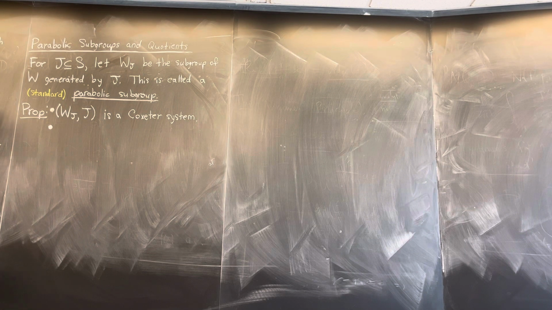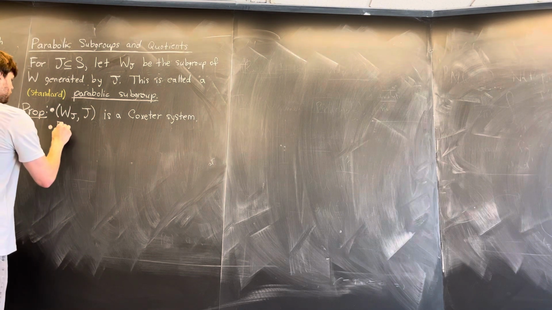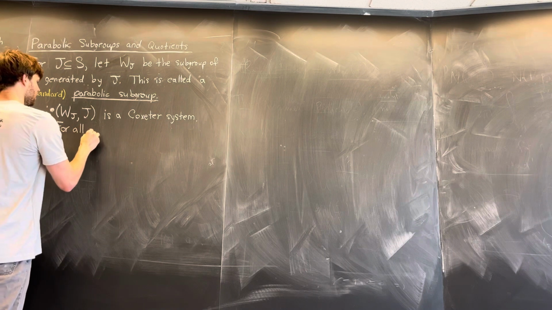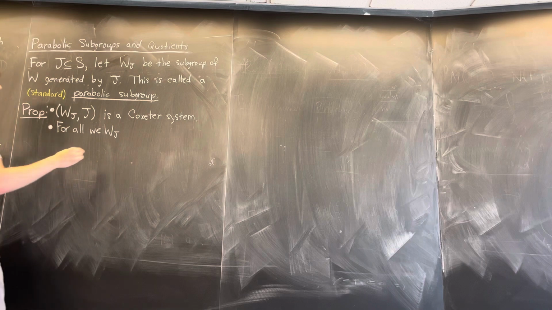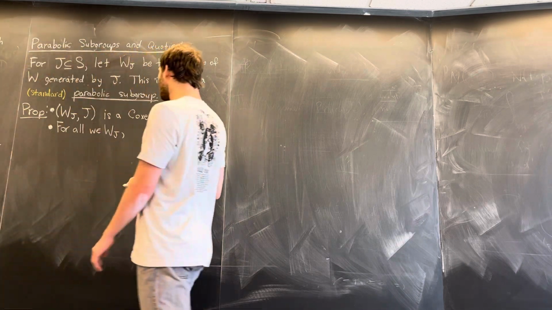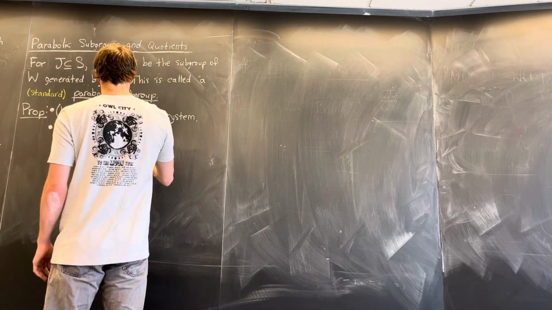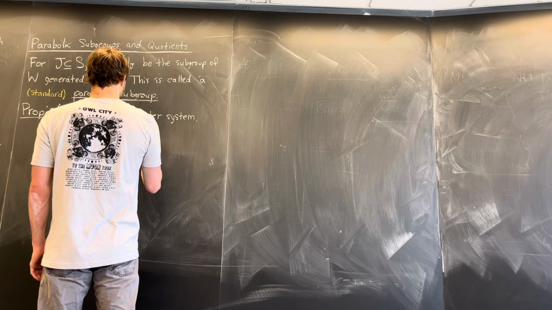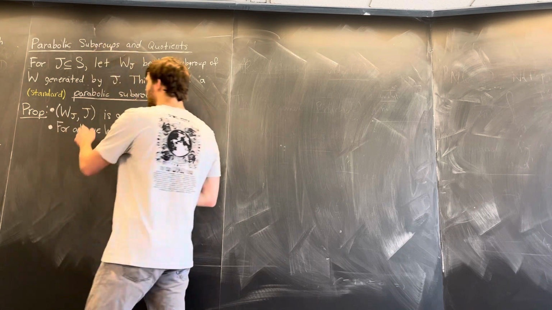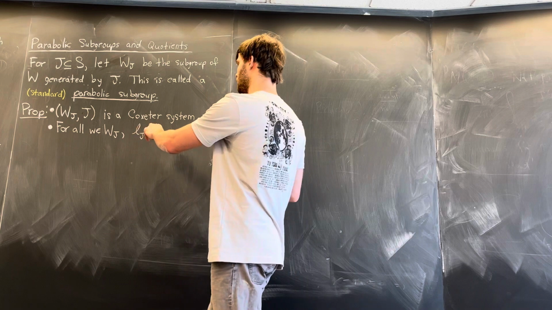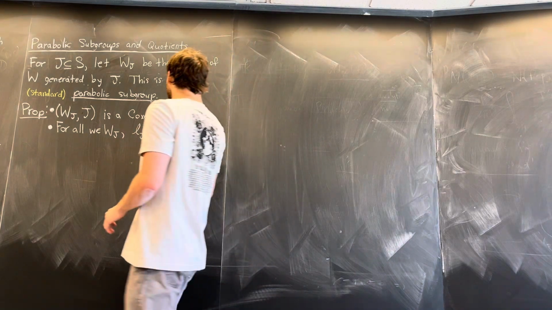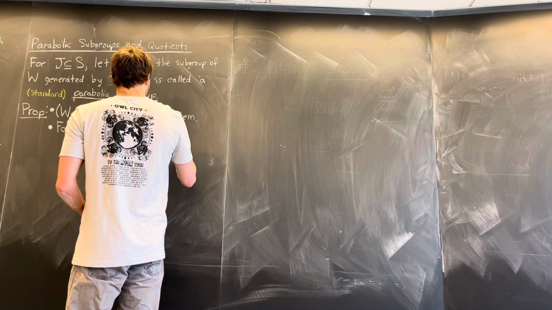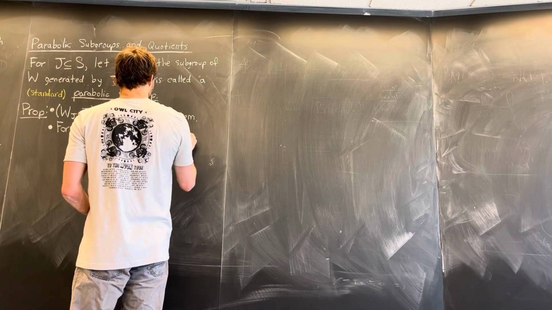The second thing is, for all elements w in the parabolic subgroup, if I look at the length of w viewed as an element of this Coxeter system, which I'll write as L sub J, then this is equal to just the length in the original Coxeter system.